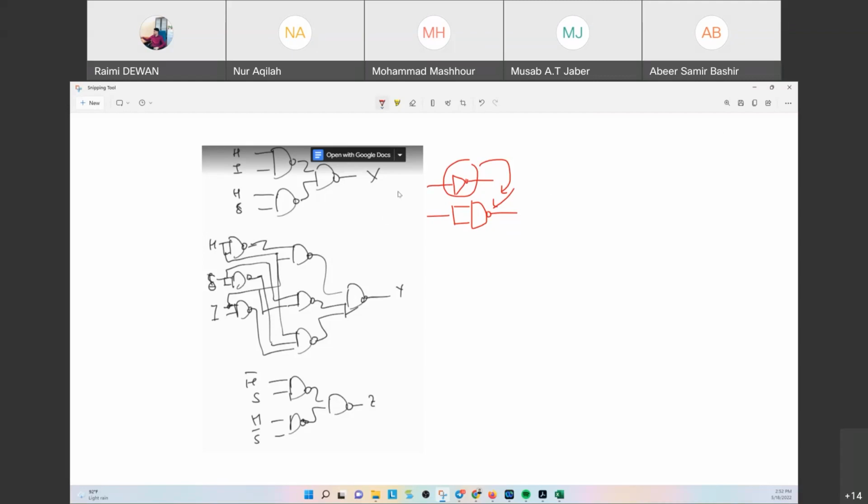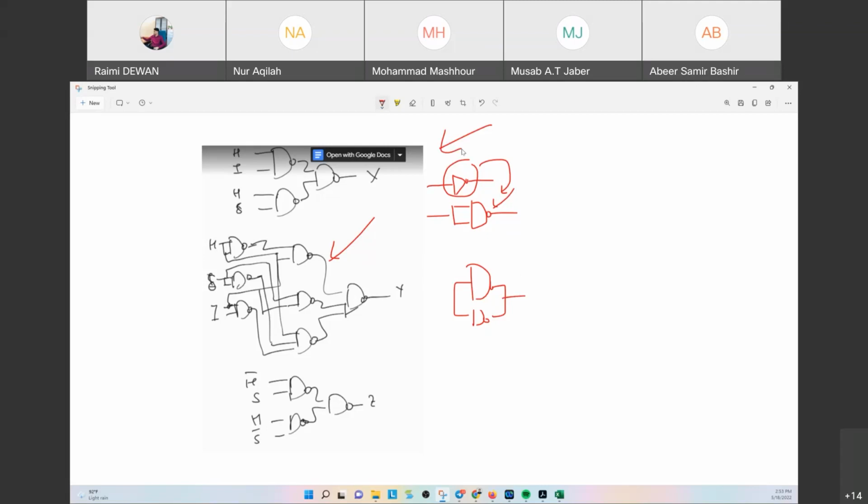Maybe your answer is complicated like Akilah's but still correct, or maybe your answer only uses two gates but is still correct, because we don't limit the number of gates used, as long as your solution obeys the K-map and the output based on the input. So this question can have more than one answer.